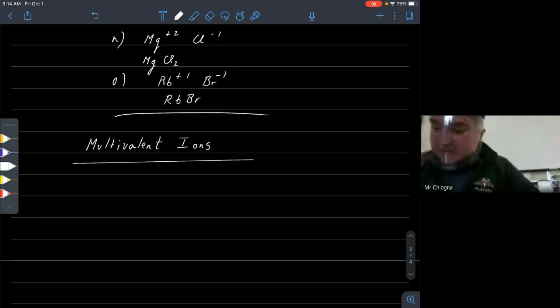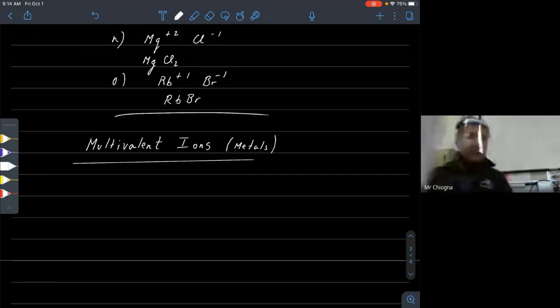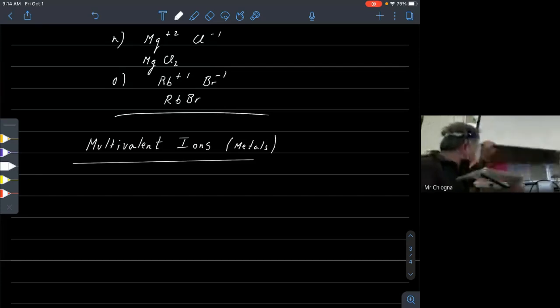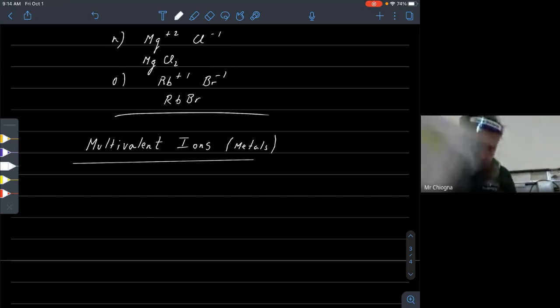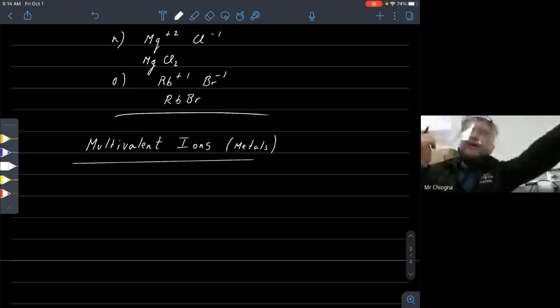They're all metals. Only metals. They're all found in the middle, in the transition metals. I mentioned this to you before. So let's look at some examples. Most of the transition metals, not all of them, are what we call multivalent.